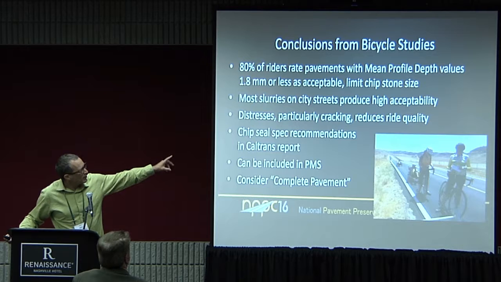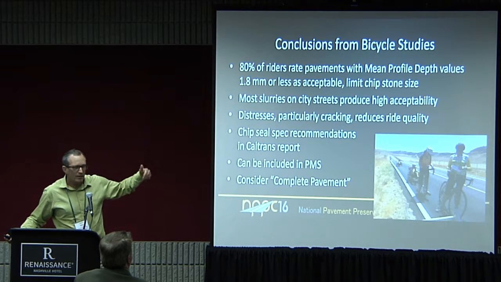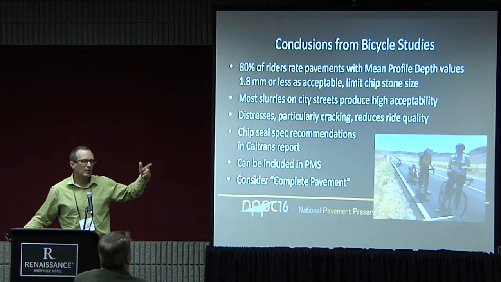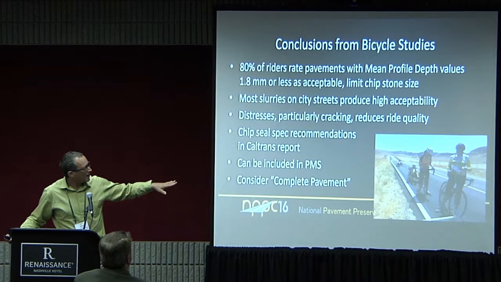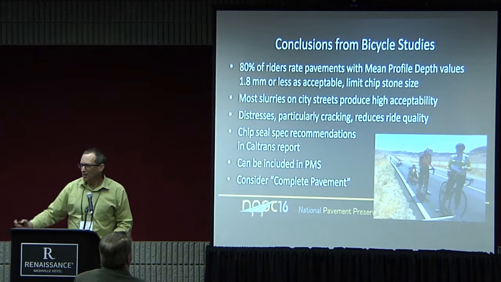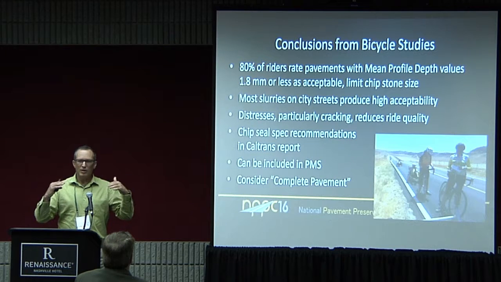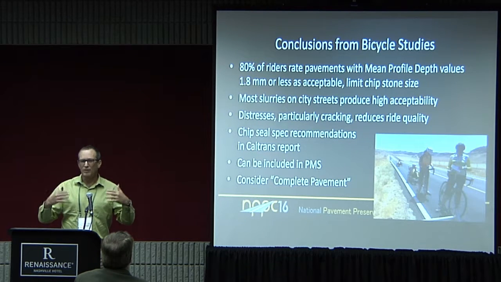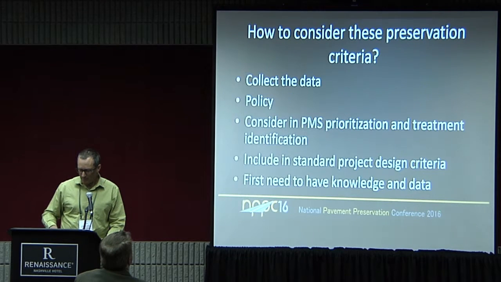So the spec recommendations will be in the report. This can be considered in our pavement management decision making in terms of treatment selection, depending on if it's a bicycle route. And then I'm going to point to the presentation by Mr. Gibson earlier today about doing your complete street stuff as part of your preservation program. Cost and public acceptability helping me with that.